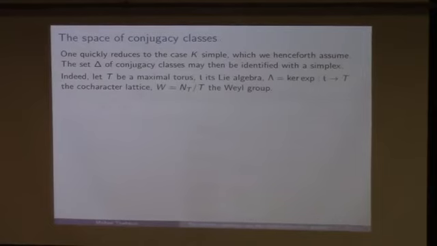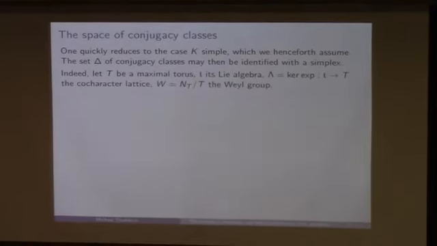The reason it's a simplex is because, well, consider all the usual machinery, a maximal torus, the Lie algebra, and so on. W is the Weyl group. Then any element of a compact Lie group can be conjugated into the maximal torus. That's well known. So K mod K is T mod W. But then, of course, I can regard T as a quotient of its own Lie algebra by the exponential map.